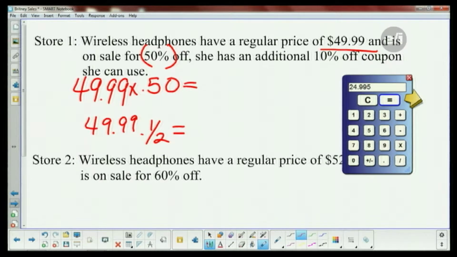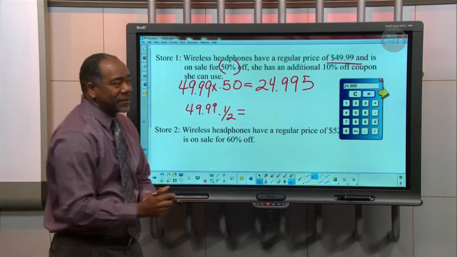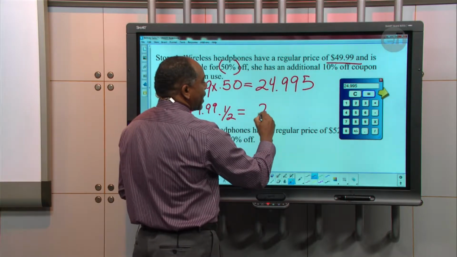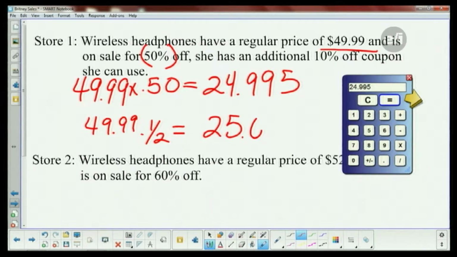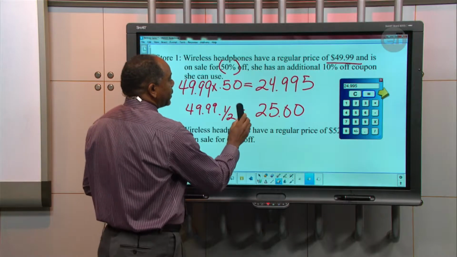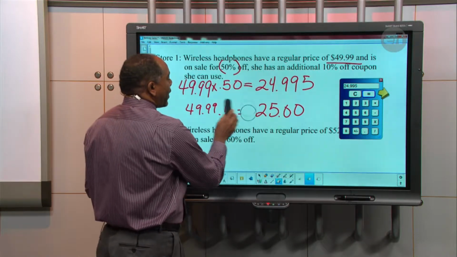I actually get $24.99 and a half. But stores don't deal in half cents, so I'm going to round that up. That's going to make this price really $25. So now she's got the initial price of $50, and now it's $25.